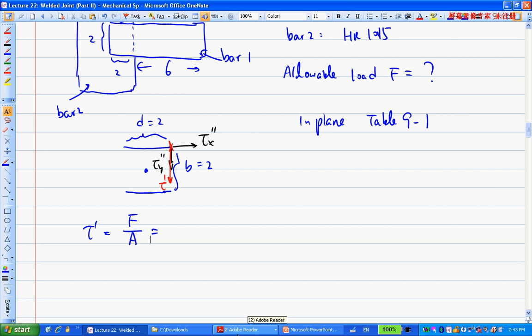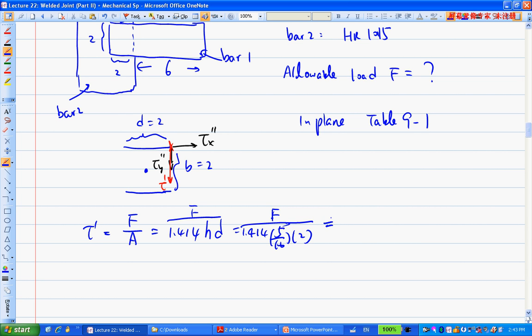If you look at table 9-1, that would be 1.414 times H times D. H we have already. So F over this, with H as 5 over 16, and D is 2.